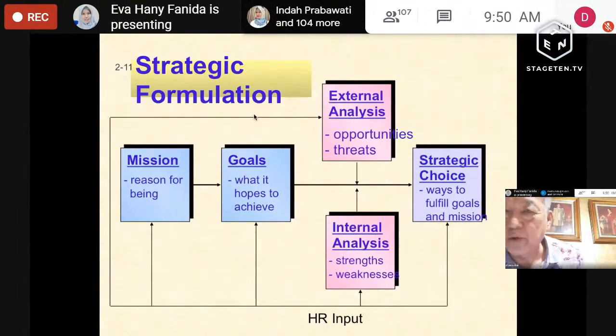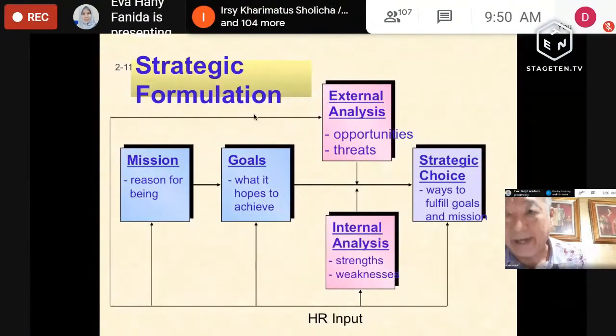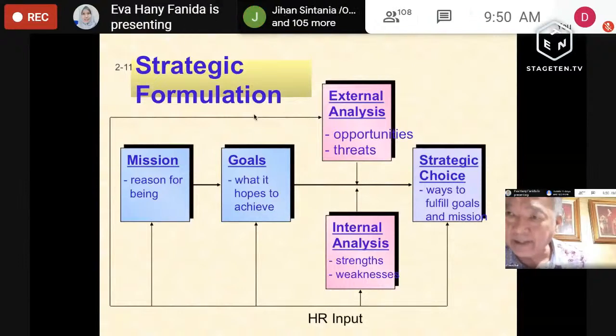So how do we evaluate strategy formulation? How appropriate is it with the external and internal environment?